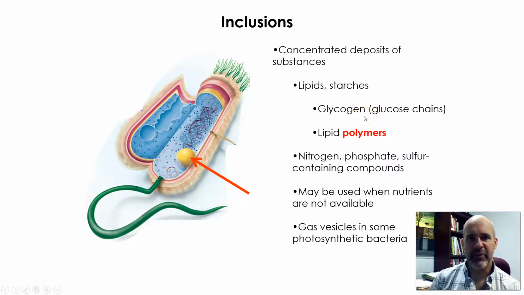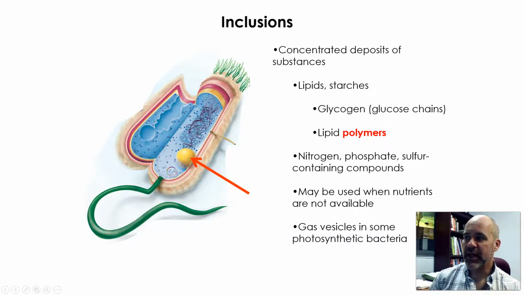You've heard about glycogen before if you've taken AMP1 because our skeletal muscle cells and liver store glycogen as well. Lipid polymers, so you can link lipids together and store those inside these little inclusion bodies that exist in some bacterial cells. And there are some that store other unusual chemical compounds.